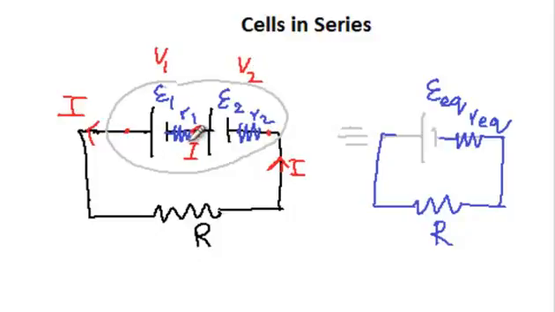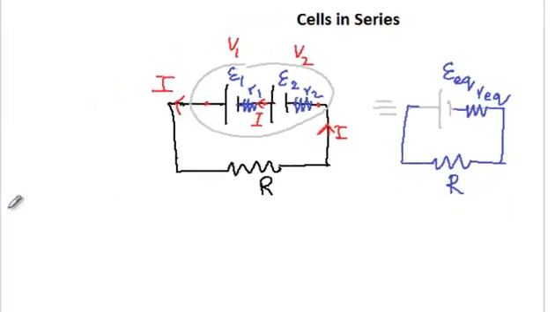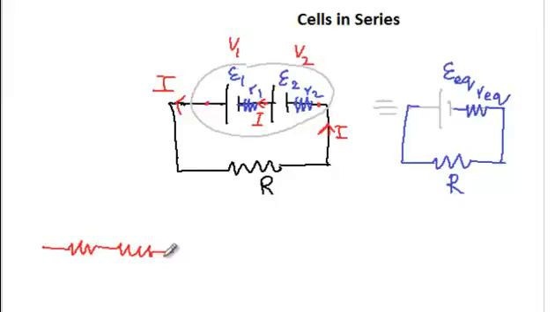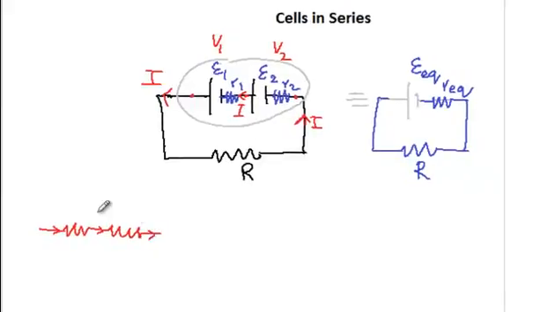Now if you recall, when we studied resistors which are joined in series, we used the same approach. Say you have two resistors which are joined in series with each other. Now when a current flows through these resistors, the same current I is flowing through both the resistors R1 and R2.